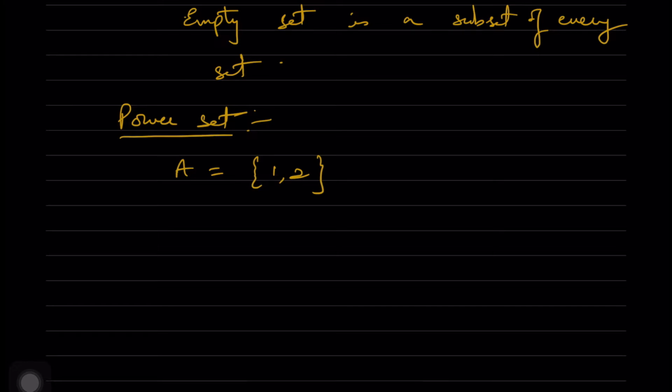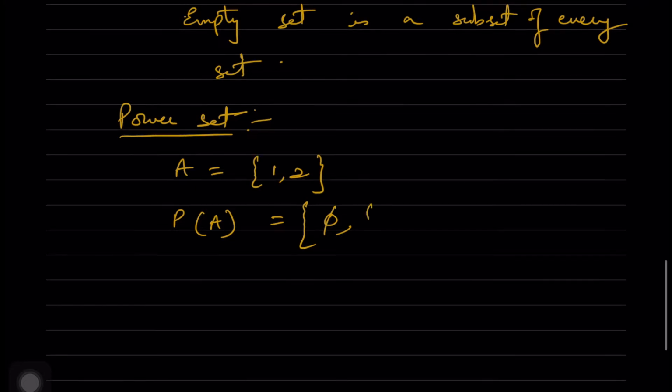We have seen that the empty set is a subset of every set, so first we write that. The power set is denoted as P of A. This is equal to the empty set or null set, then the singleton {1}, which is also a subset of A, {2} is also a subset of A, then {1, 2} is also a subset. It is either equal to or a subset.